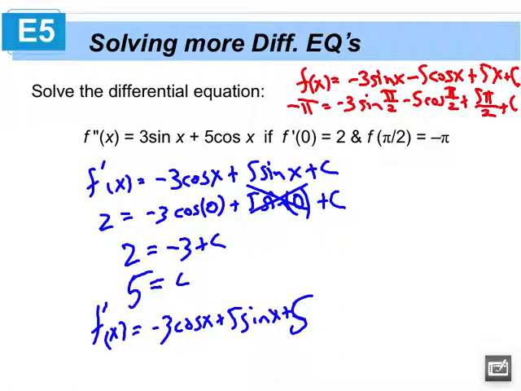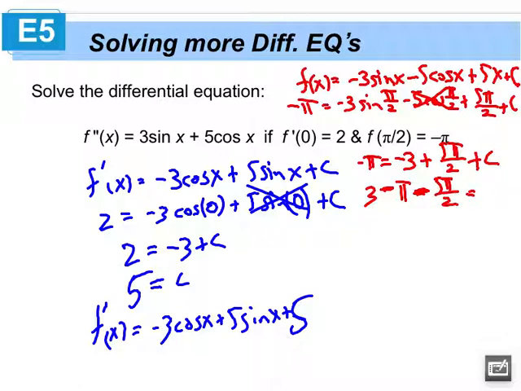What's sine of pi over 2? 1, so 1 times negative 3 is negative 3. Cosine of pi over 2 is 0, so that goes away, plus 5 pi over 2 plus c. So negative pi plus 3, minus 5 pi over 2 equals c.